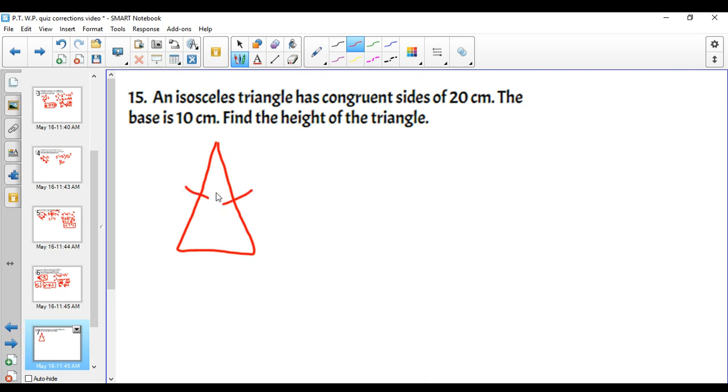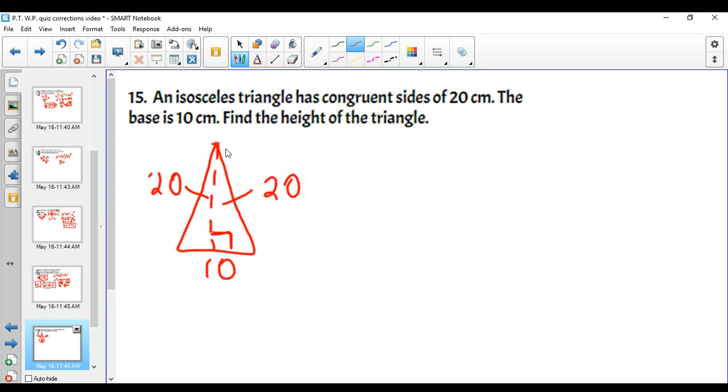So I know these two sides are congruent. Okay, the side lengths are 20. Okay, the base is 10. And then we want to find the height of the triangle. Well, the height, we're going to have to draw in to the middle there.